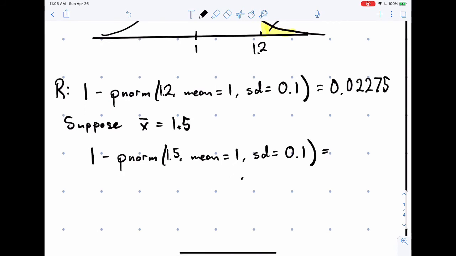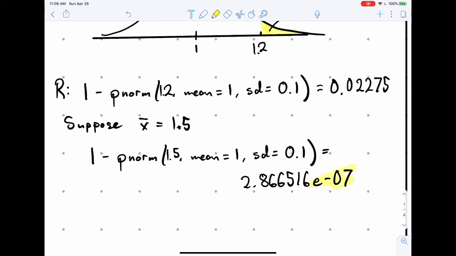It's 2.866516e-07. I'll write exactly what R shows. You might see this and think that the answer is 2.86. No, that's not what you should look at. Look at this e negative 7.